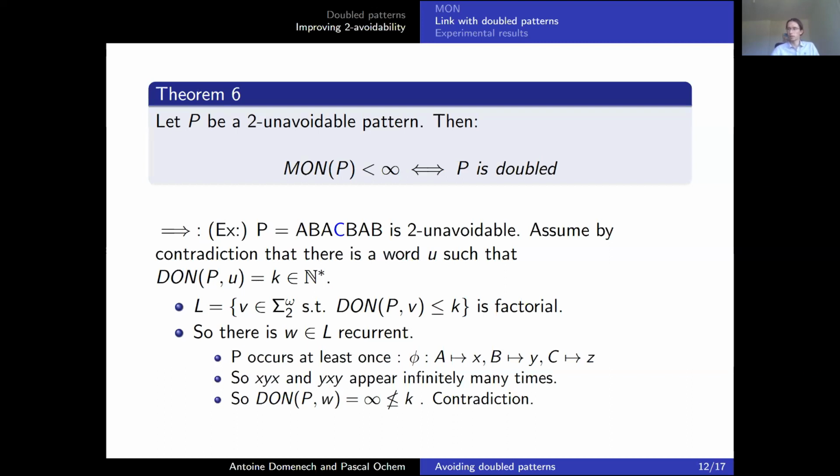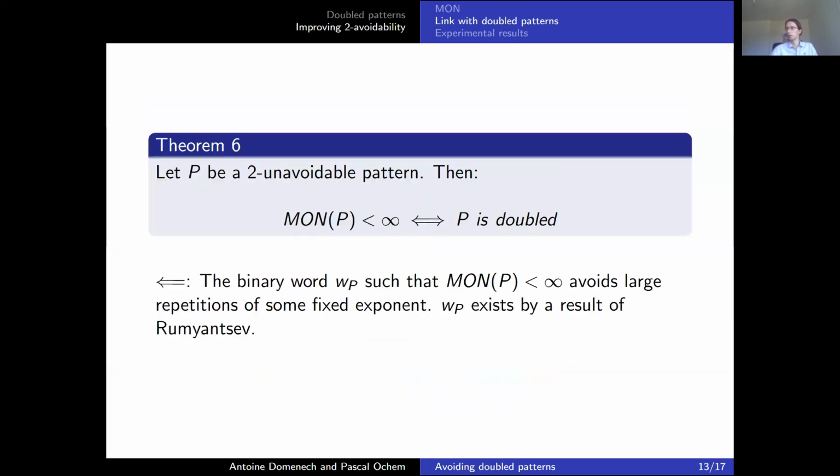So that gives us: if the minimal occurrence number is finite, then the pattern is doubled. And for the other direction, it's really technical, but I'll give the idea. If you take a binary word that avoids large repetitions and is of some fixed exponent, such a binary word exists by a result of Rosenfeld. Then you can show that this word cannot have infinitely many occurrences of a double pattern.